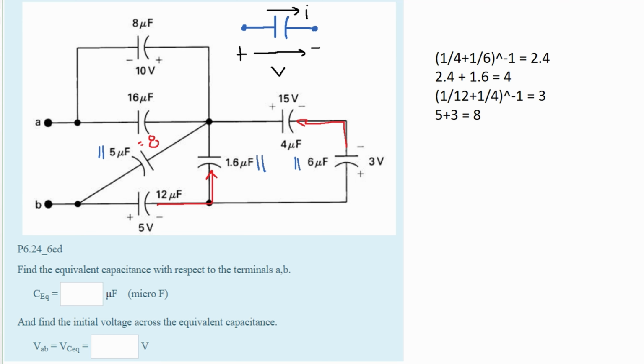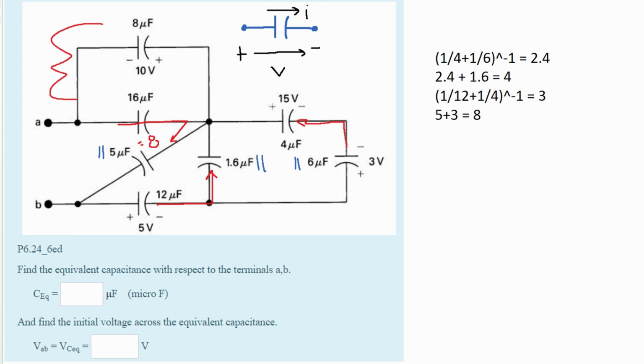Before we do the next part, we are going to look at these two capacitors that are together. Once we have this, we are going to see that this capacitor is in series with this, so we are going to do the series formula. But our 8 microfarad capacitor and our 16 microfarad capacitor are in parallel up top. Remember, if they are in parallel and if they are capacitors, we just add them together.